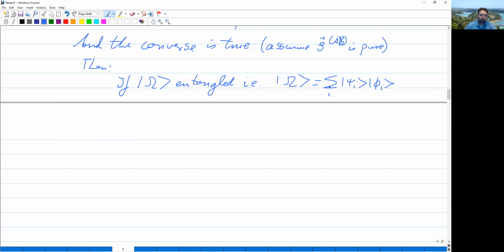And this sum runs over more than one term, because if it's just one term, then we have unentanglement. Then this is implied by and implies that rho hat A is mixed.